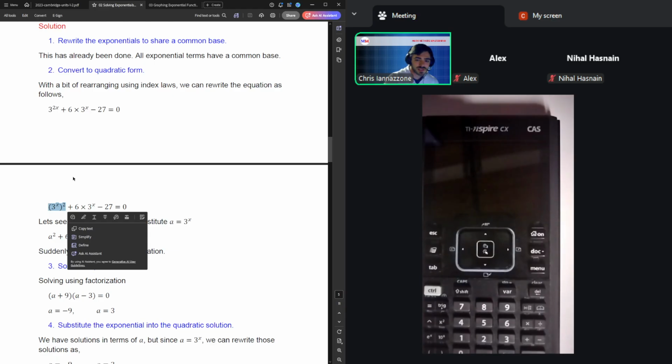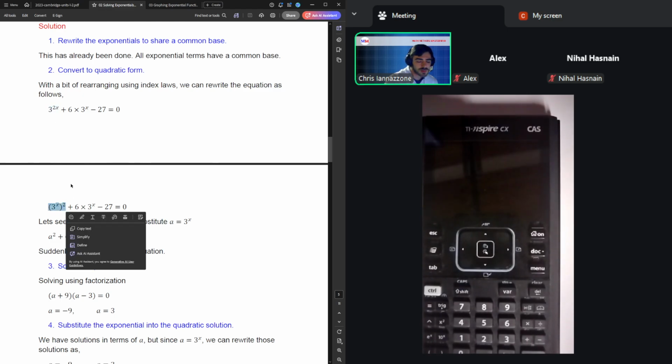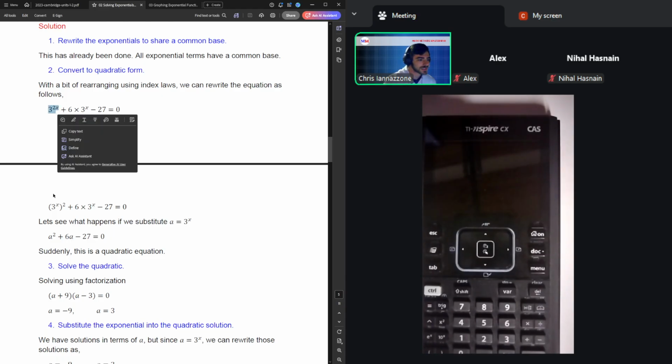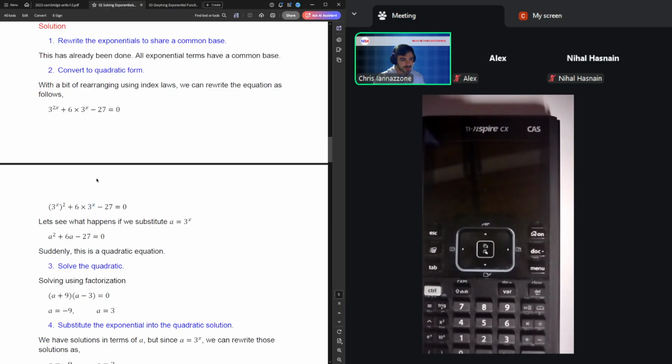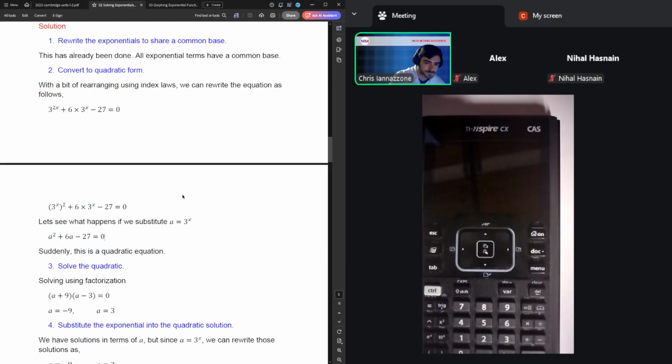To see a little bit more detail as to why it becomes squared here, you can use that index law that we looked at earlier, which was if you have power to power, those powers multiply, so you can also split them off in the same way. 3 to the power of 2x is the same thing as 3 to the x, squared. Now that you've got it down to exactly 3 to the power of x, it becomes much more obvious why replacing each of these with an a does in fact get you here.